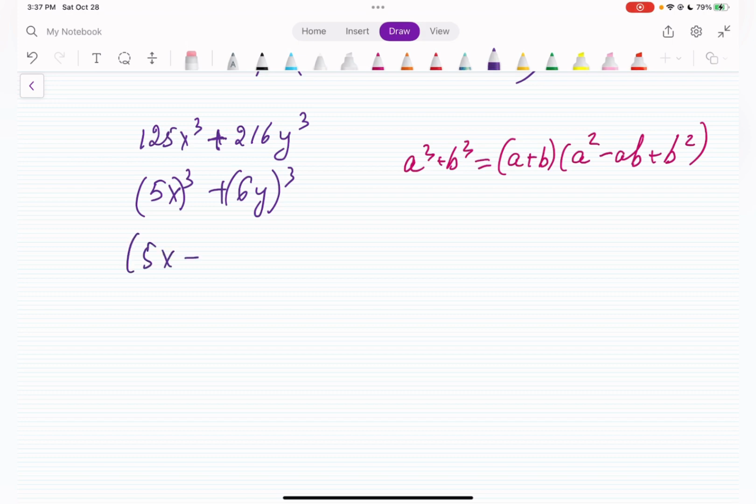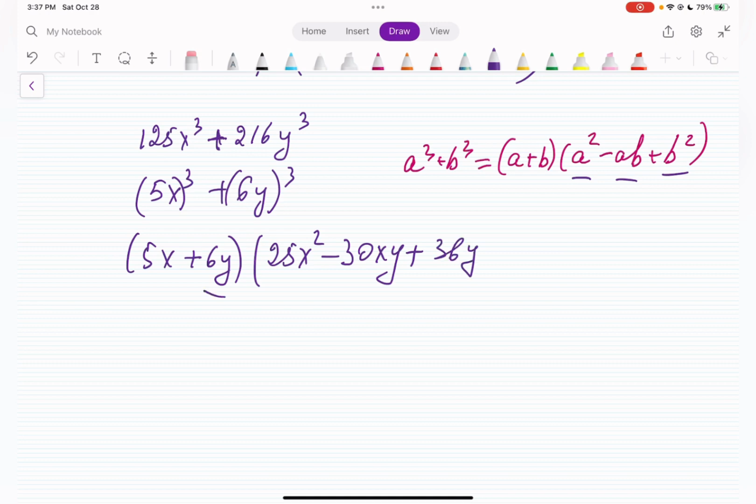B is 6y. Okay, next, a squared is going to be 25x squared minus a times b, it's going to be 5x times 6y, 30xy, and then plus b squared, which is going to be 6y squared, going to be 36y squared. All right, let me take a picture of it.